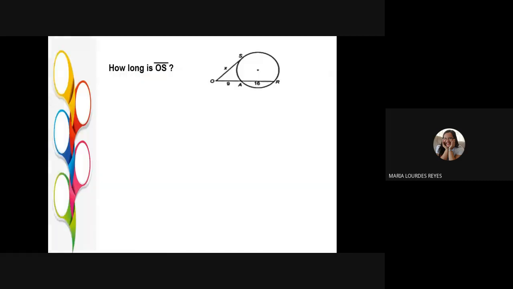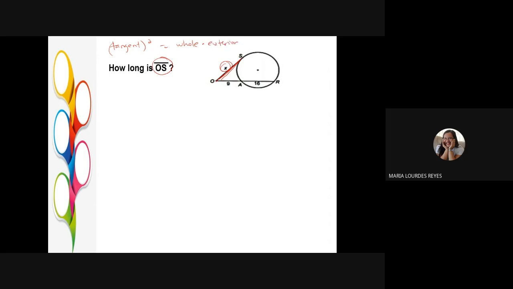So, let's have an example here. Sabi niya, how long is OS? OS is the tangent and it so happened that it is x. So, para malaman natin, we will apply tangent squared is equal to whole times exterior.